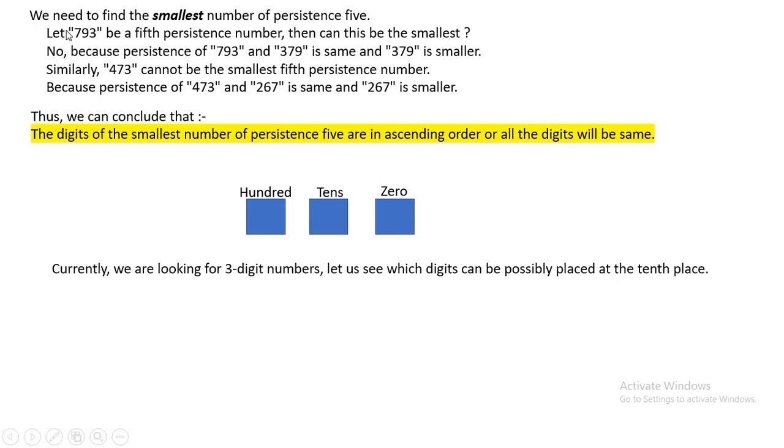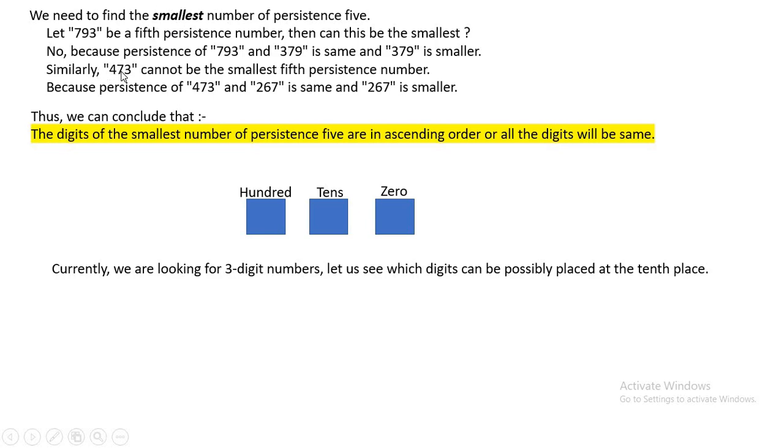No, because the persistence of 379 is also the same as the persistence of 793, and 379 is smaller than 793. So 793 can be a fifth persistence number, but it cannot be the smallest number.